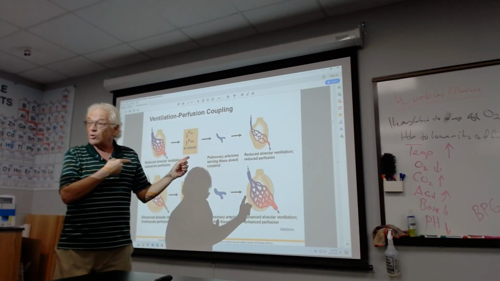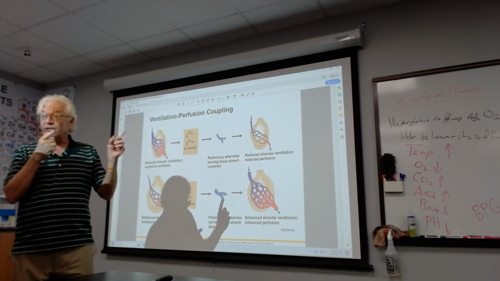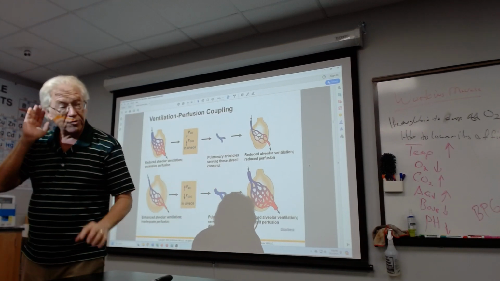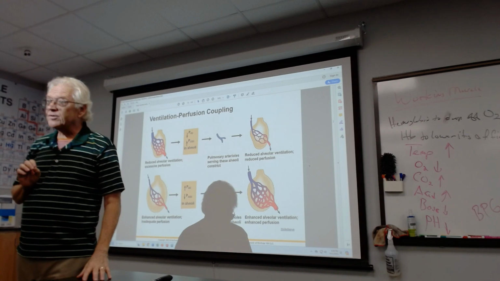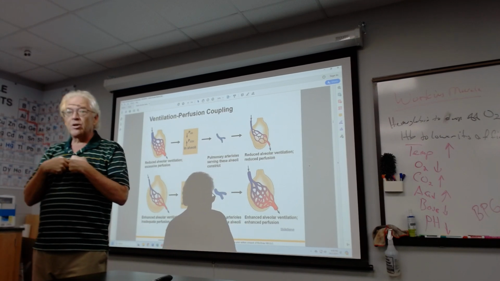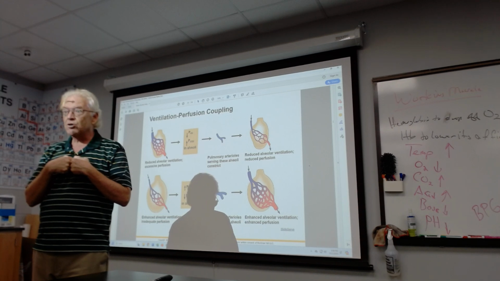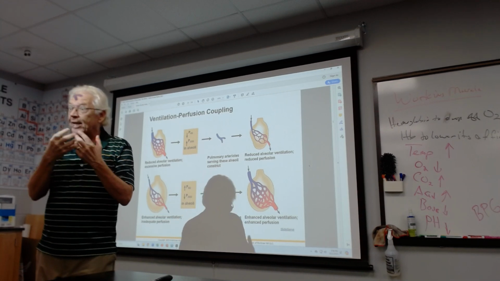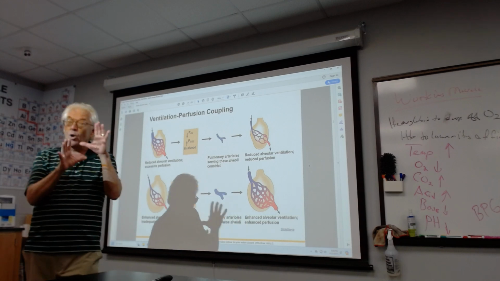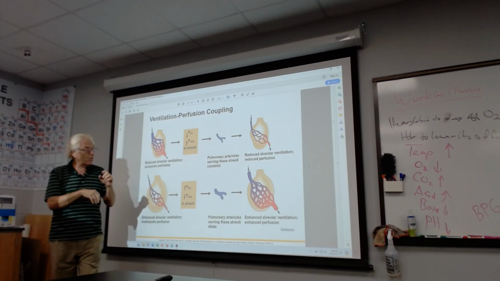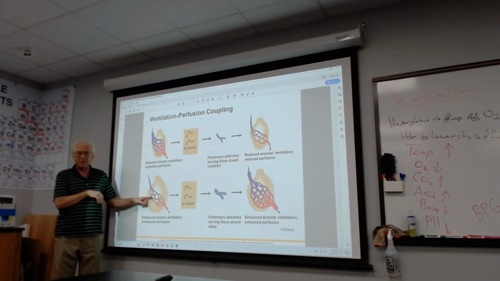Now here's the beautiful thing. Do you have to control this? It's controlled locally. So it's controlled how? Intrinsically. Each alveolus, depending on how much oxygen is getting into it, determines how much blood it's going to let go there, by closing sphincters. Remember those sphincters? What were those sphincters in an earlier chapter?